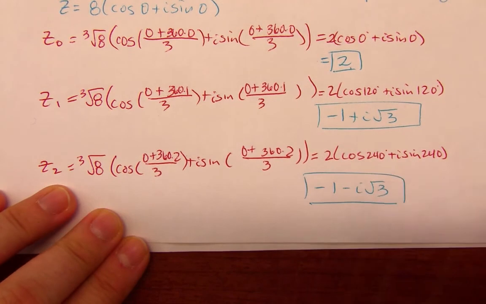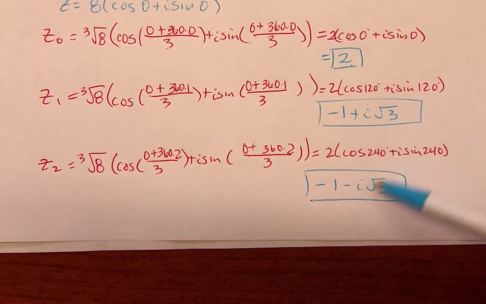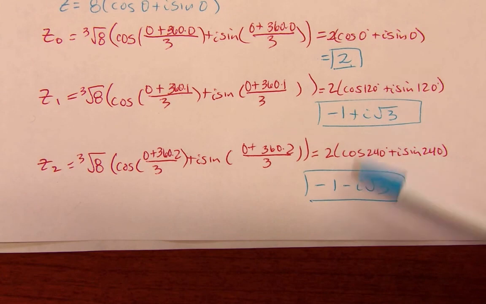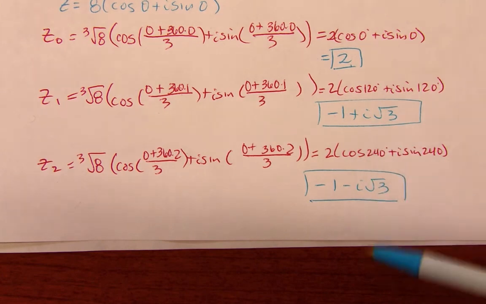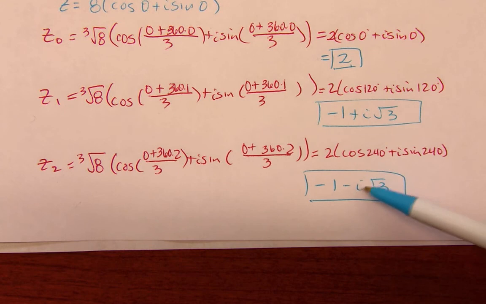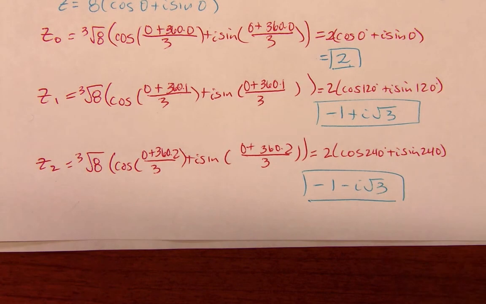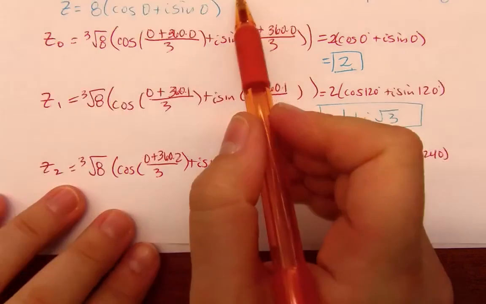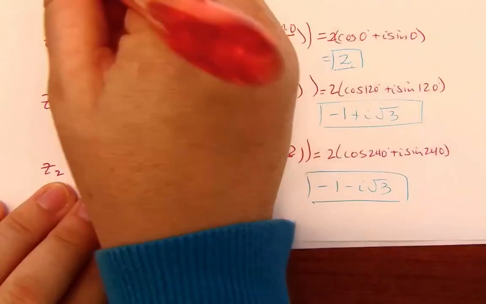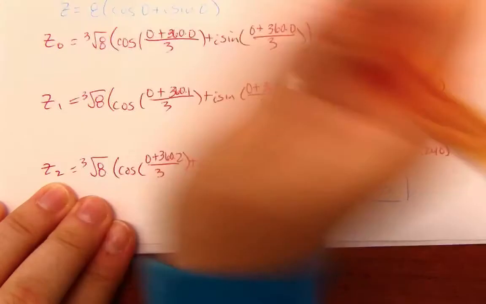And what's really interesting is that we have these relationships here. These are complex conjugates of one another. And if I have this root, I'm always also going to have this root. Now, what's interesting is that these are the same answers you would get if you solved the equation x cubed minus 8.